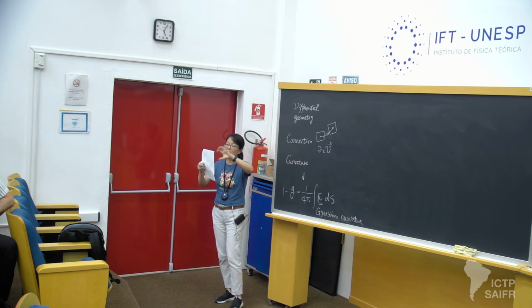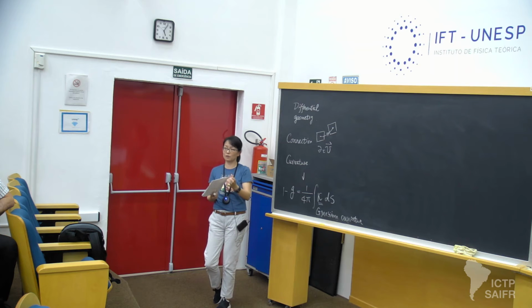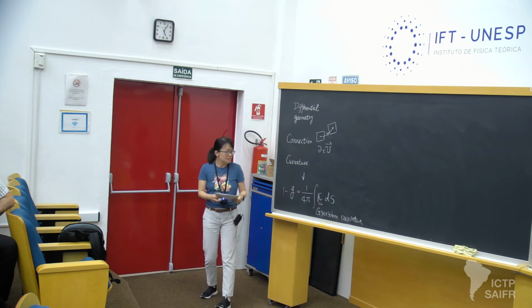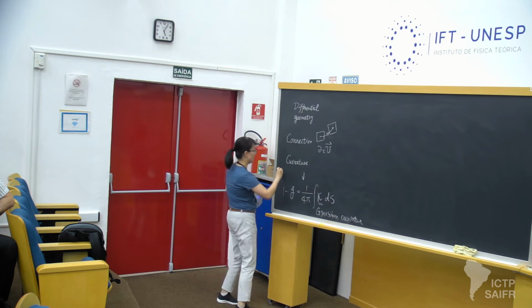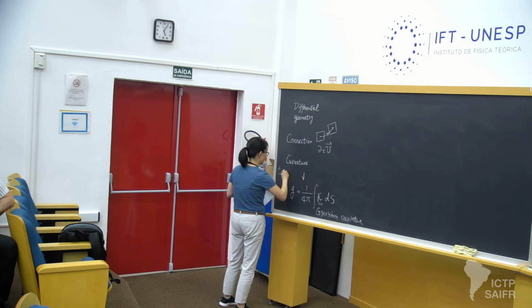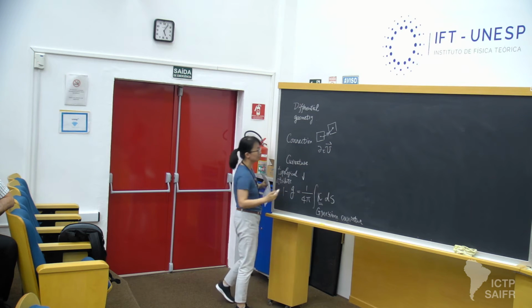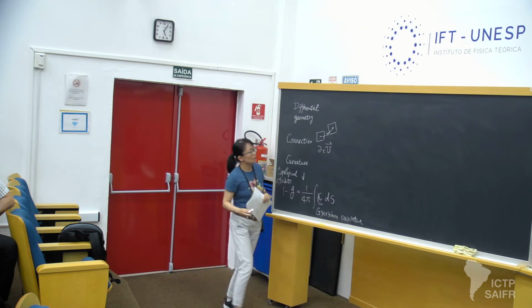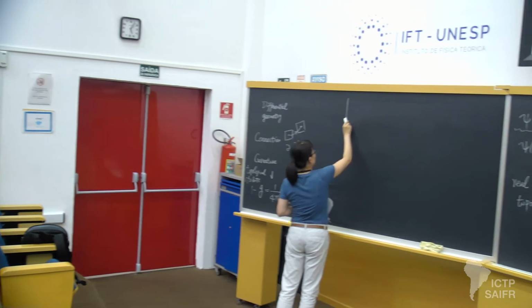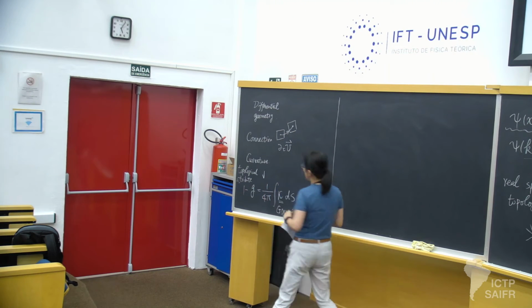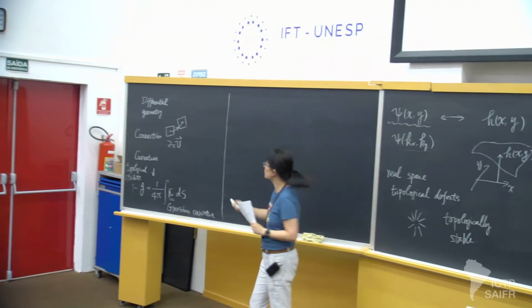And that is the one hole of the torus, okay? So this is the topological attribute. Okay. Then we want to establish this mapping with wave functions, right?